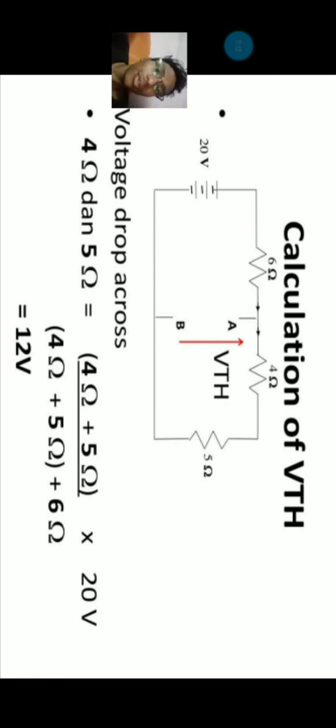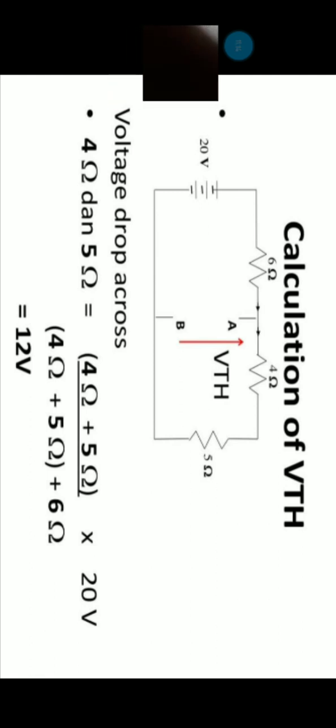Okay, calculation of VThevenin. For VThevenin, we must open circuit the load here. You can see the 6 is open circuited, and the 4 and 5 are in series.